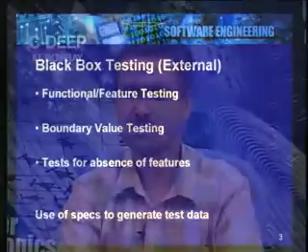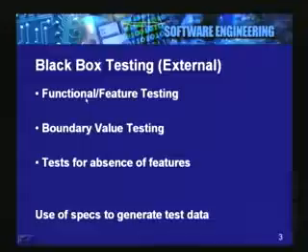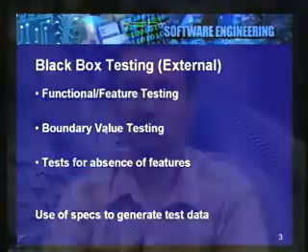So, this slide summarizes black box testing techniques, which are external testing techniques. For example, the first one is functional or feature testing. We also have seen boundary value testing, where you mainly look at the boundaries of the different parameters that you pass to functions and find out whether the module works with the extremes, and also check for the behavior beyond the extremes.